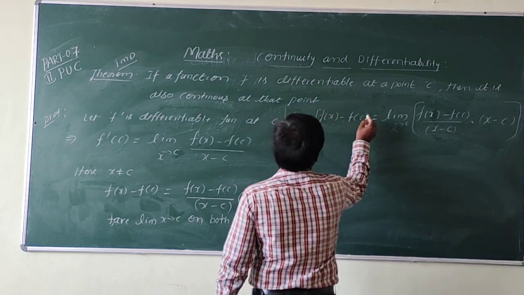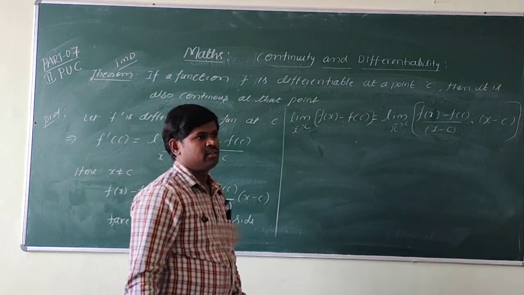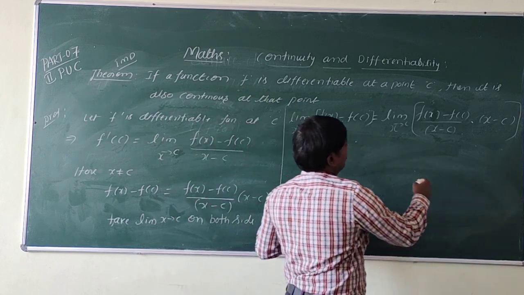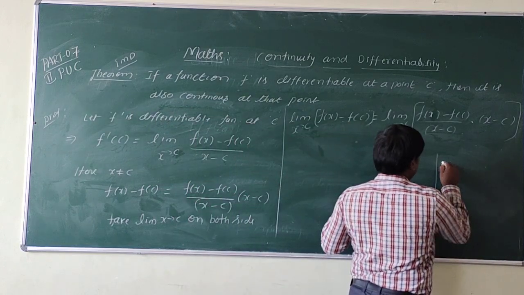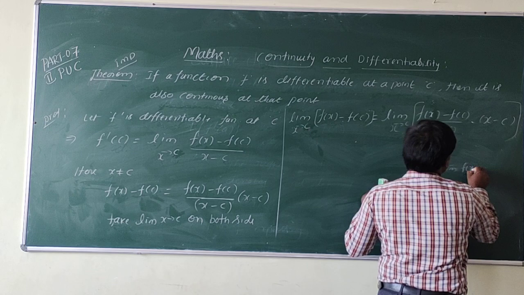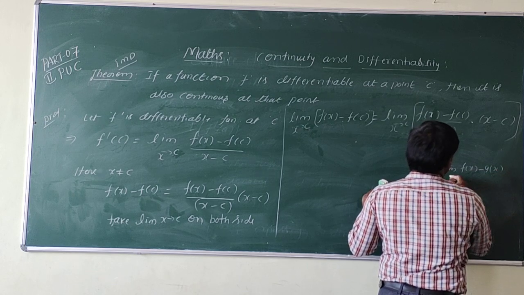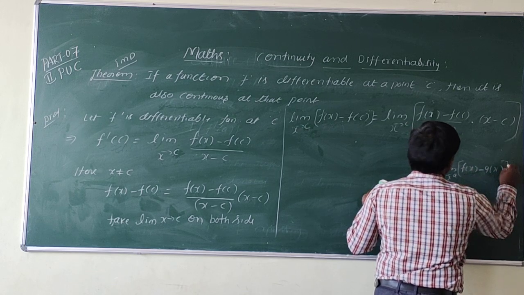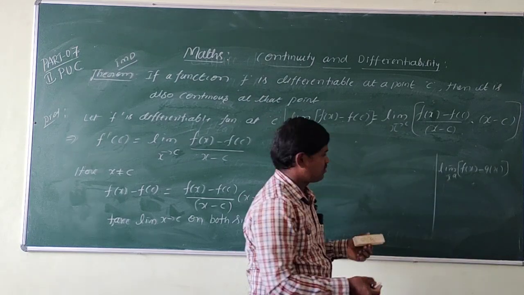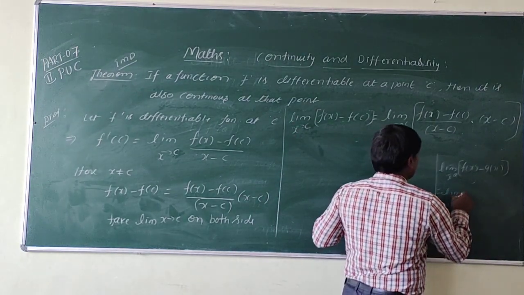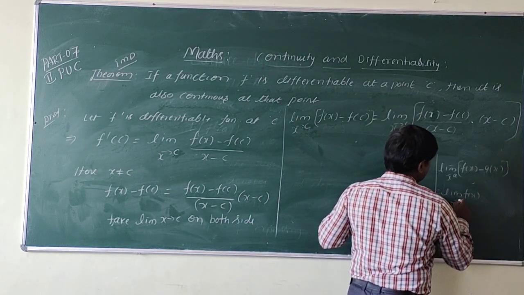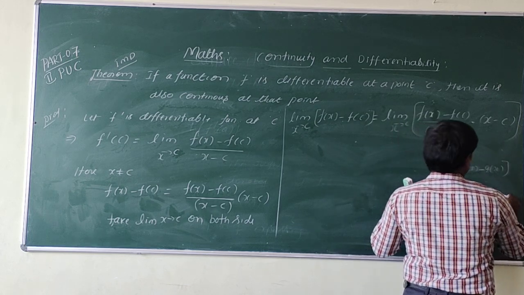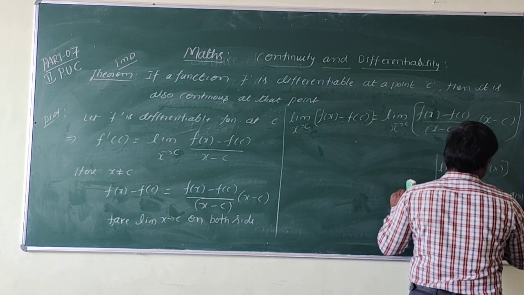So already you know that in the first PUC, the limit of f of x minus g of x as x tends to a is equal to the limit of f of x as x tends to a minus the limit of g of x as x tends to a.